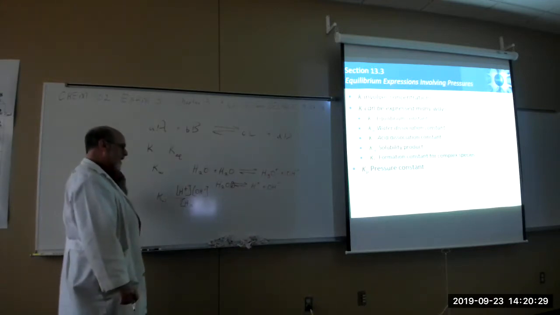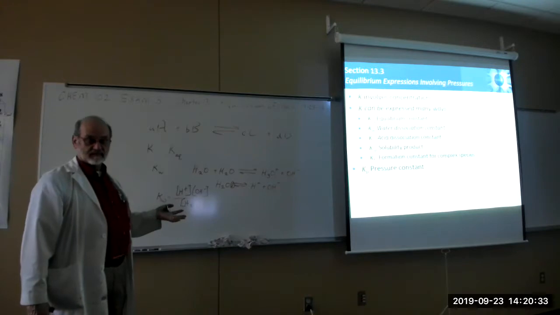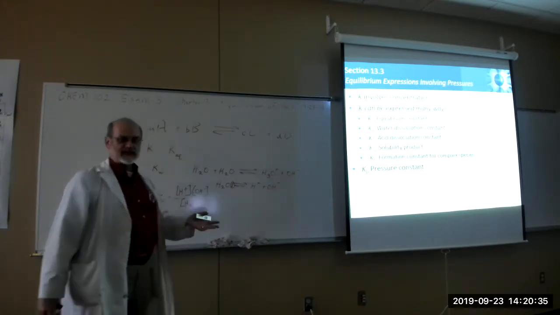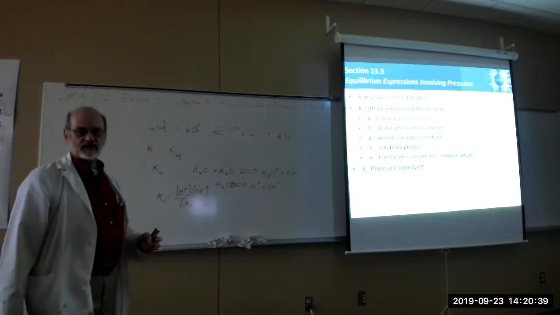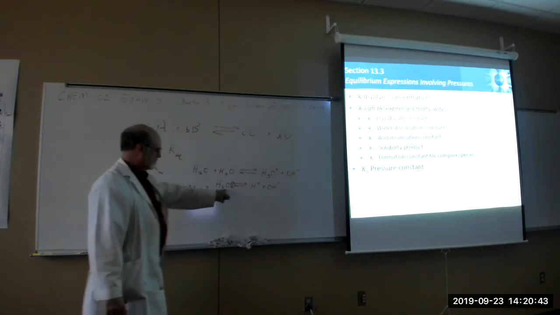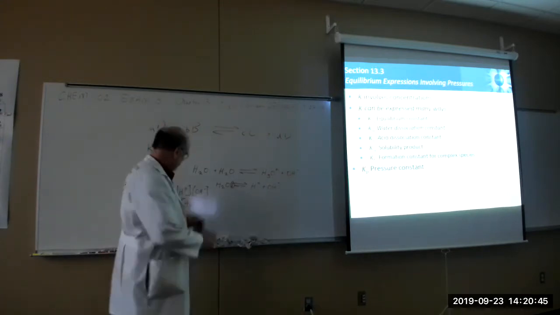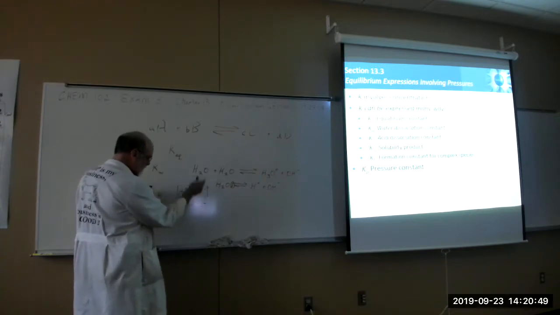So if you have a solid, like we have a precipitation reaction that forms a solid, that is not included in the reaction equilibrium expression. Pure liquid here, that's not included either. So the only expression that counts is that times that.